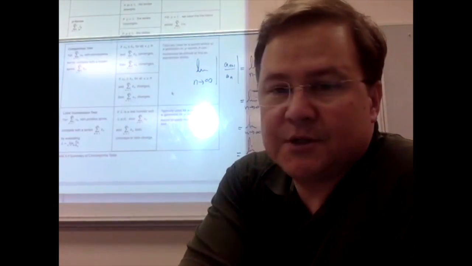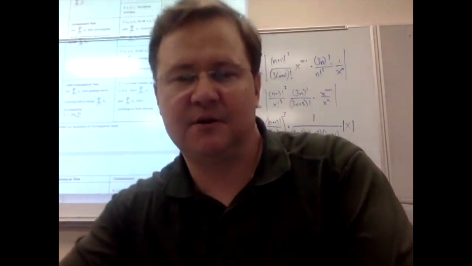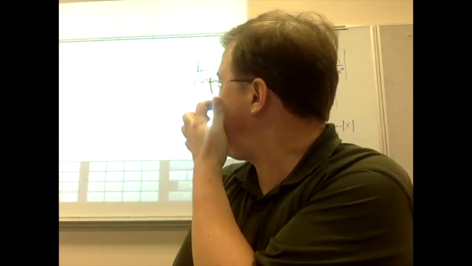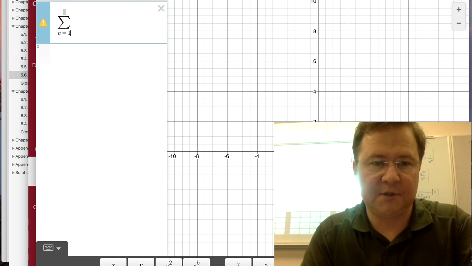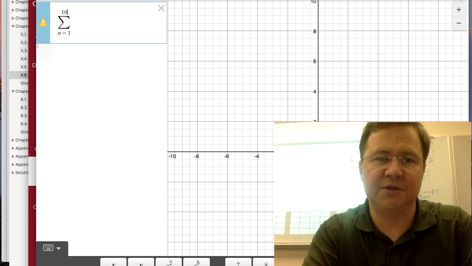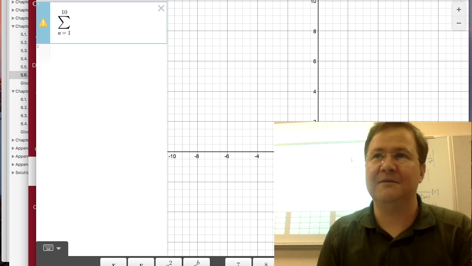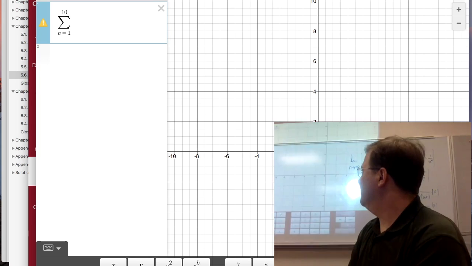I'm not really sure what to compare it with. Can we just plug it into Desmos since it's a sequence? Let's see what Desmos does with it. Let's try it. So we've got the sum from n equals 1 to, let's be gentle to begin with, 10.